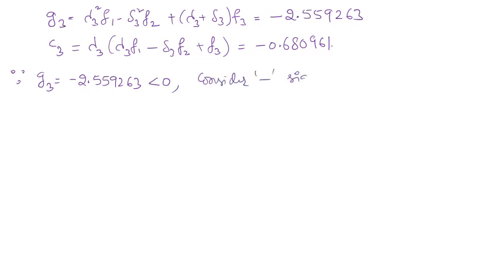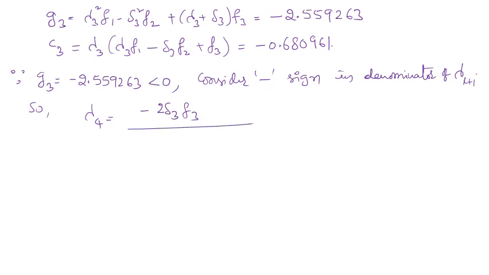Consider the negative sign in the denominator of lambda k plus 1. So what is the next lambda value? Lambda 4 equals minus 2 delta 3 F3 whole by G3 minus under root of G3 square minus 4 delta 3 F3 C3.